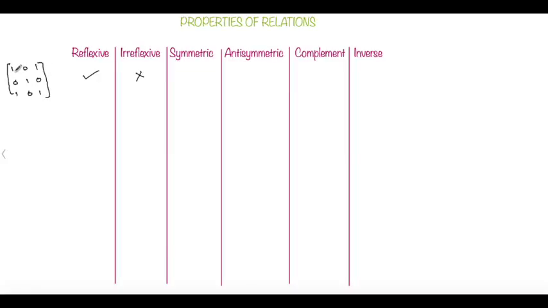If you read it row wise, 1 0 1 0 1 0 1 0 1, and read it column wise, 1 0 1 0 1 0 1 0 1. So it's symmetric. Is it anti-symmetric? No, it is not. What about the complement? The complement is you do 0 1 0 1 0 1 0 1 0.